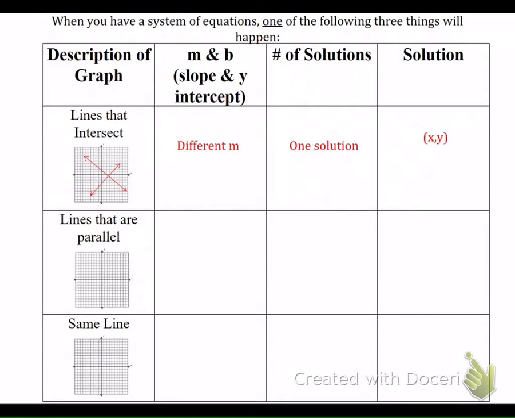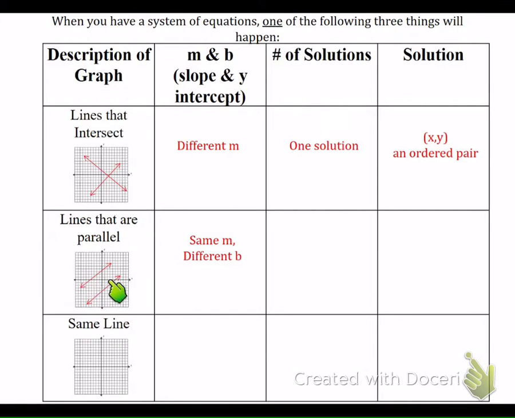All right, if the lines are parallel, they look like that, right? Parallel lines have the same rise, same run, so they run right alongside each other, never intersecting. So they'll have the same m, but they have different b's. We talked about that at the end of the last chapter.